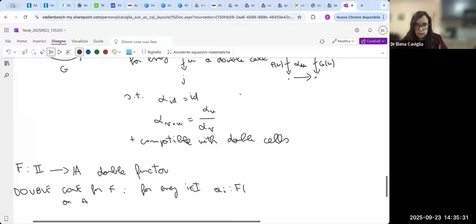I don't use the rubber, otherwise it's not working anymore. So we have an arrow from A to F of I.